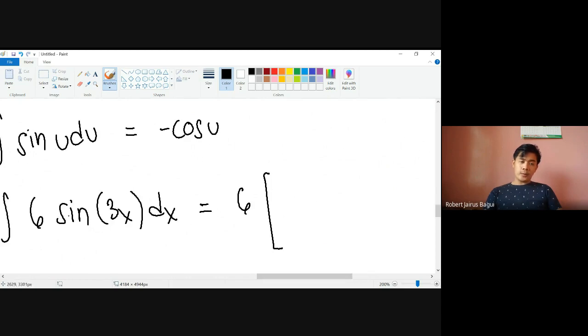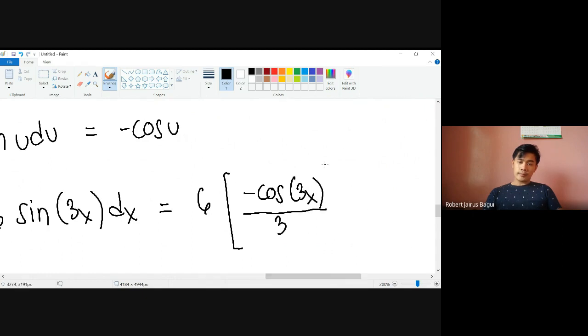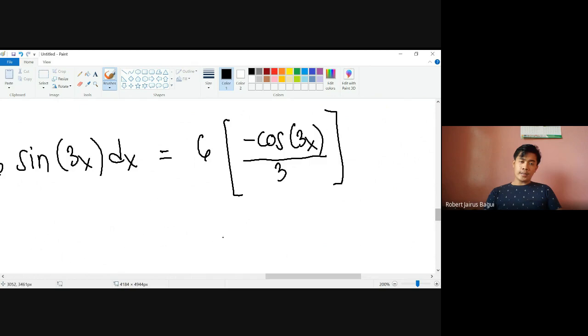So, integral nitong sine 3x, that would simply be negative cosine 3x all over 3. Simplifying this, 6 divided by 3, that would be 2. Yung negative, lagay ko na sa unahan: negative 2 cosine 3x.